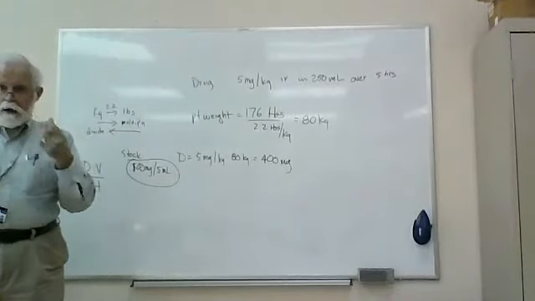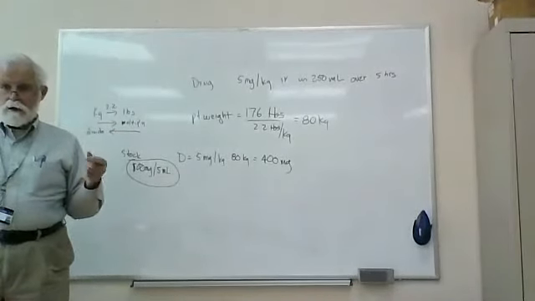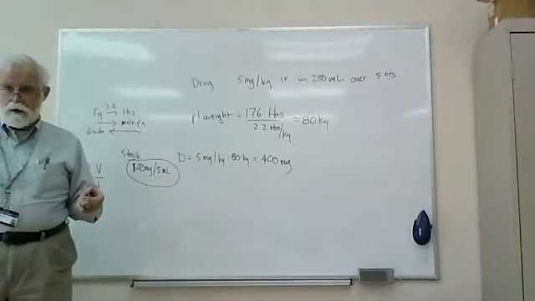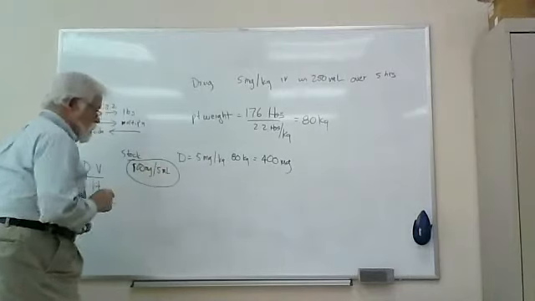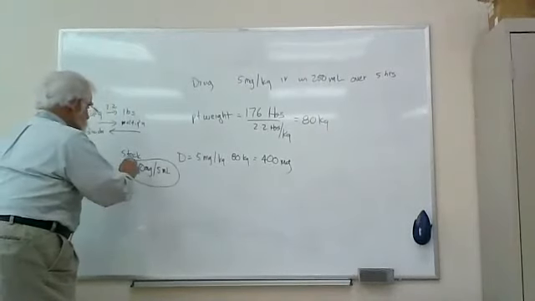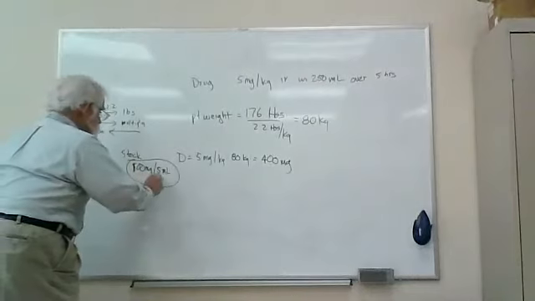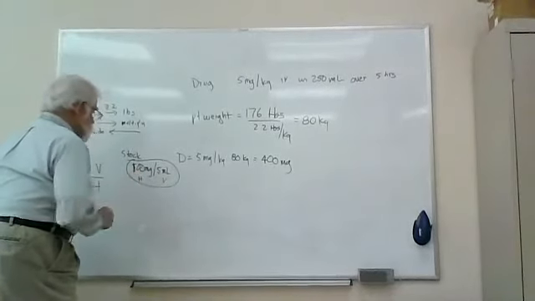And so, again, we're going to use D times V over H. In this case, D, we've already calculated, is 400 milligrams. V is 5 milliliters, and H is 500 milligrams.